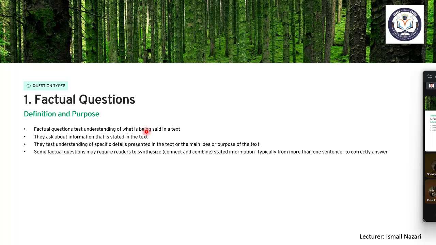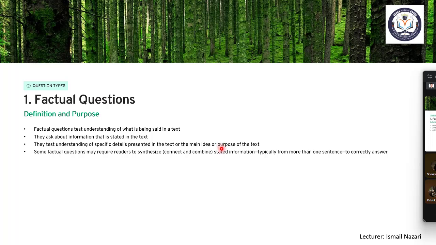It tests our ability of basic understanding of what is being said inside a text, on the academic reading section or the daily life task. It asks about information that is stated, and it tests our ability to understand the specific details presented in the passage, or often the main idea or the purpose of the text.